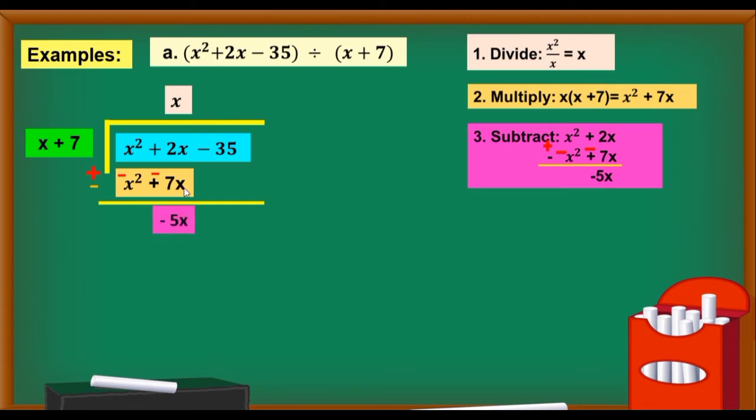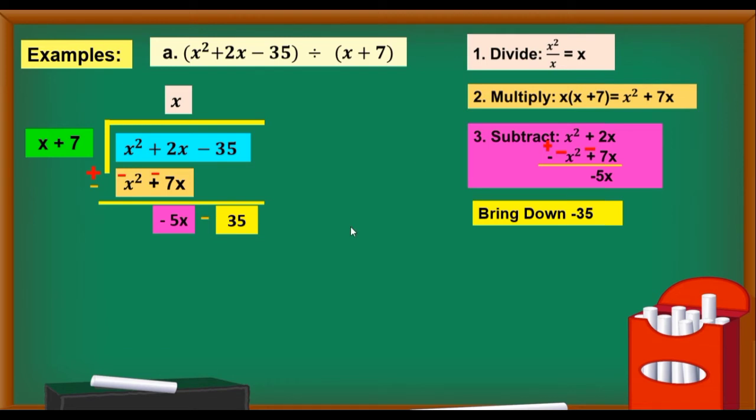So, magka-cancel po yung ating x squared, kasi x squared plus negative x squared ay 0, so 2x plus negative 7x is negative 5x. So, yan po ay nasa rule ng ating subtraction ng integers. Okay? So, negative 5x. So, bring down tayo ng negative 35 or minus 35.